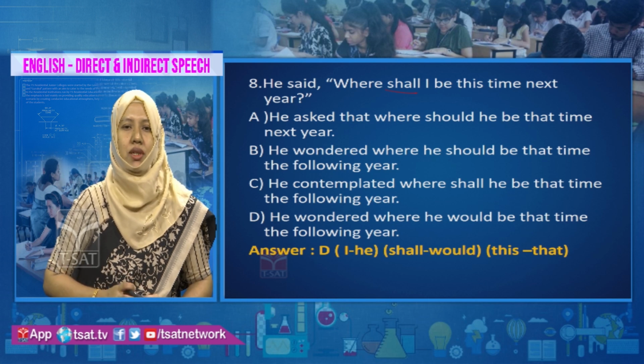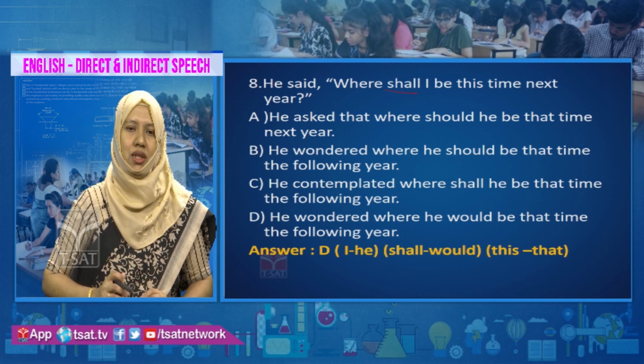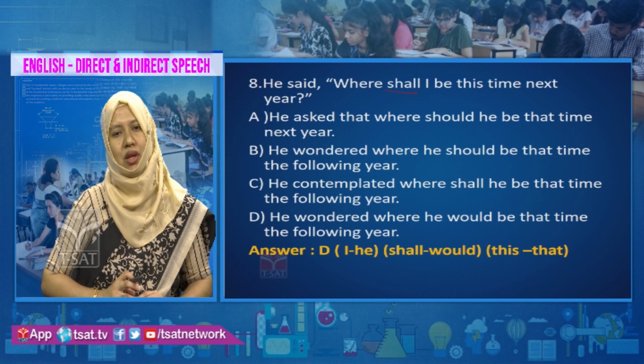Let us look at the options. Option A, he asked that where should he be that time next year. Option B, he wondered where he should be that time the following year. Option C, he contemplated where shall he be that time the following year. Option D, he wondered where he would be that time the following year.